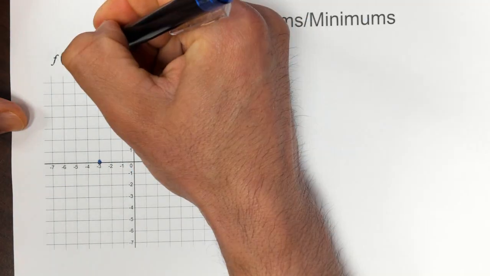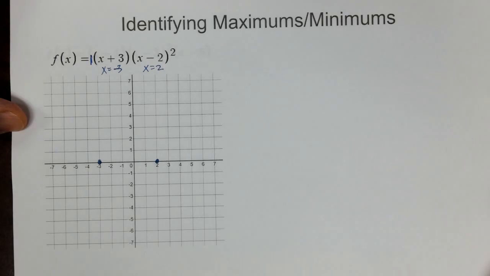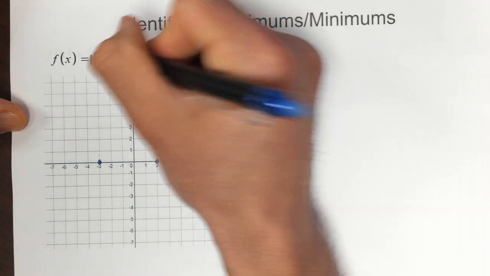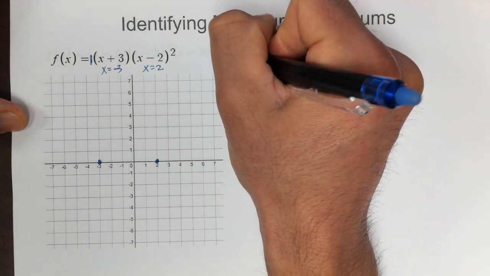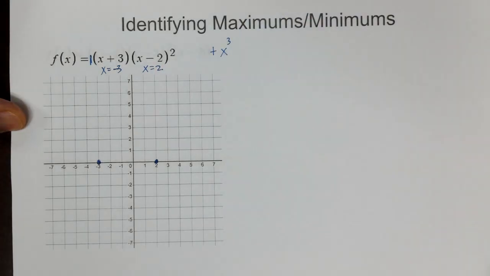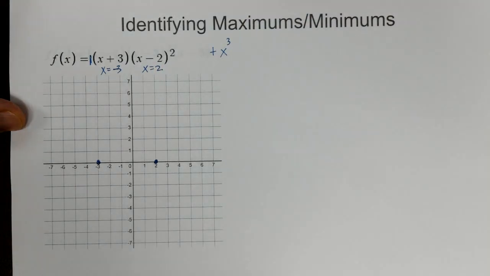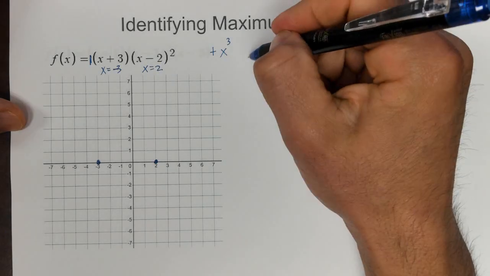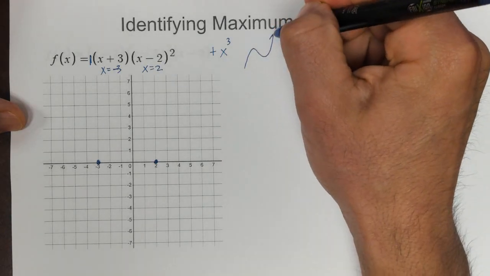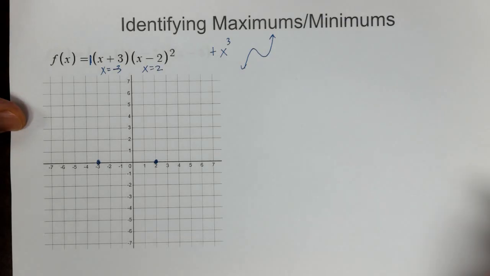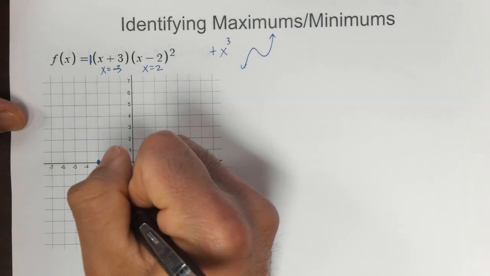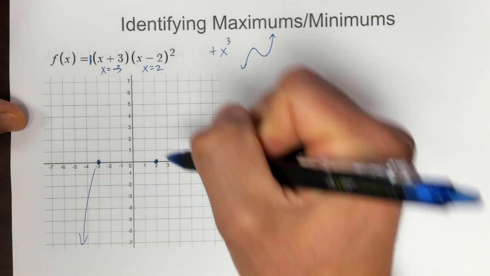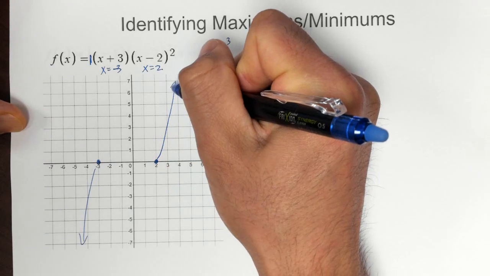And because this is a positive coefficient, we're dealing with 2, 3, this is a positive x to the third power polynomial. And if you watched the previous video, when we were identifying end behavior, we know that the function will look something like this. So the end over here is going to be pointing down, and on the other side it's going to be pointing up.